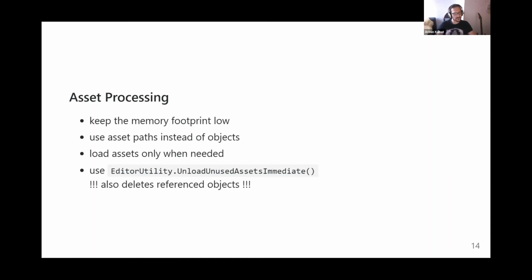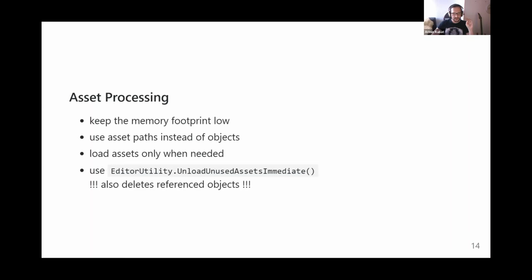You can also use the unload unused assets immediate function, but you have to be careful with that because, for example, if you load an asset, which is a scriptable object like my settings asset, then call this function and try to access anything on this object after you call this function, this object is deleted, and you will then get an exception. So be careful with that.